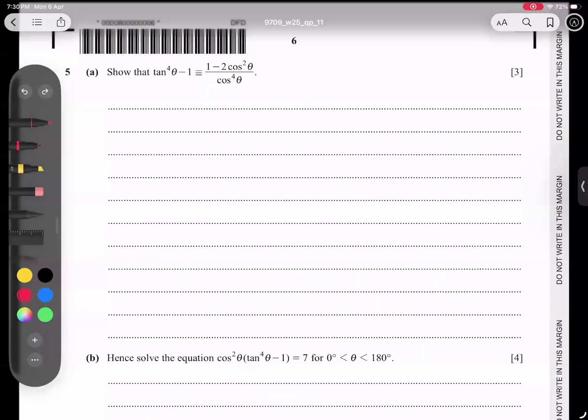Question number 5, we have to prove left side equals right side, or right side to left side. So what is tan, students? Tan is sine over cos. Because we have power 4, I'm writing sine to the power 4 over cos to the power 4, minus 1. So I'm starting with the left hand side. After this, what is the LCM? You know it very well. LCM is cos 4.